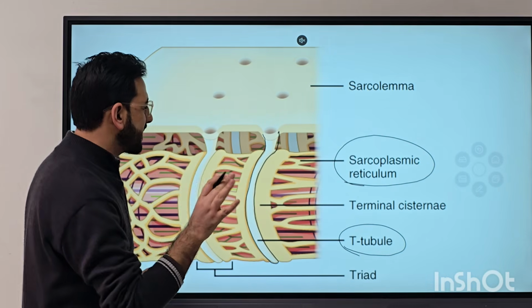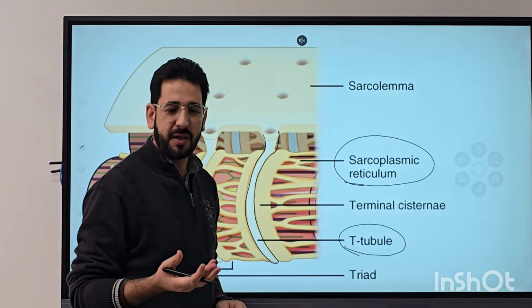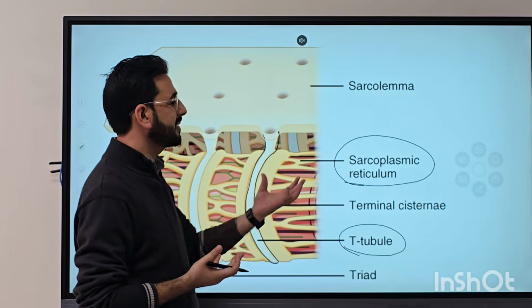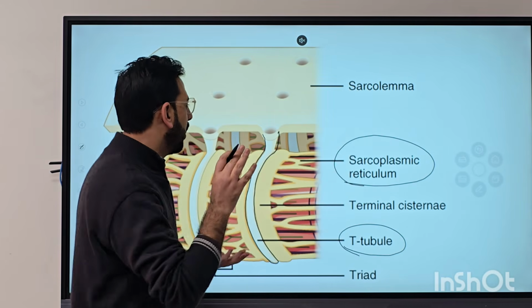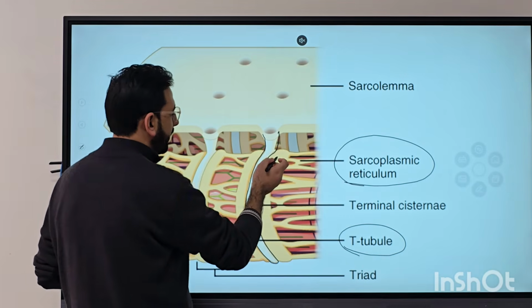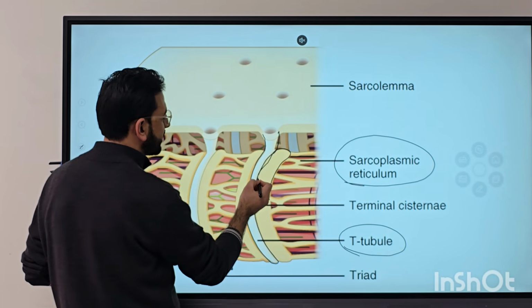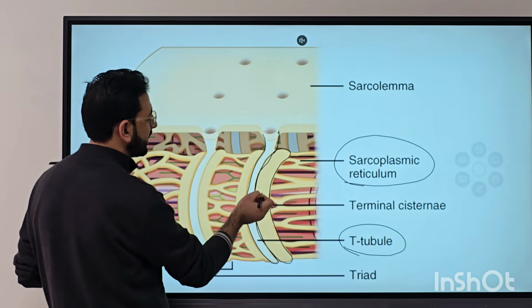The sarcoplasmic reticulum is the specialized smooth endoplasmic reticulum, which is present in every cell, but it is highly developed and named sarcoplasmic reticulum in skeletal muscle. It has structures called terminal cisternae.